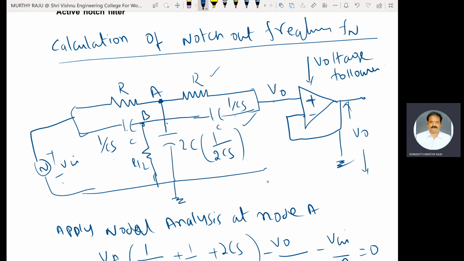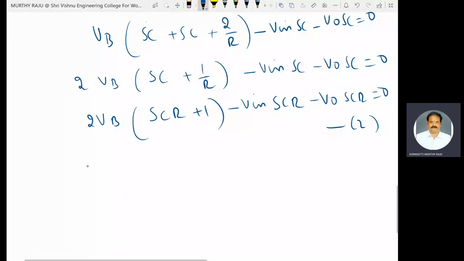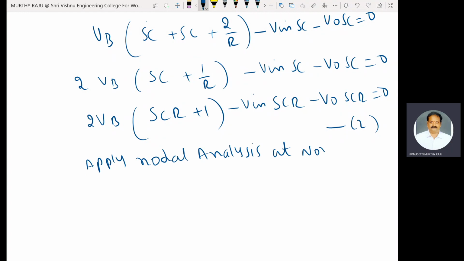This is the third equation. Apply nodal analysis at the non-inverting terminal of the op-amp.